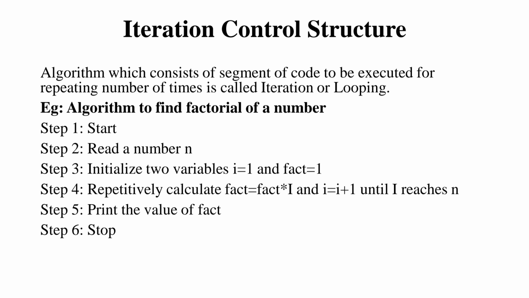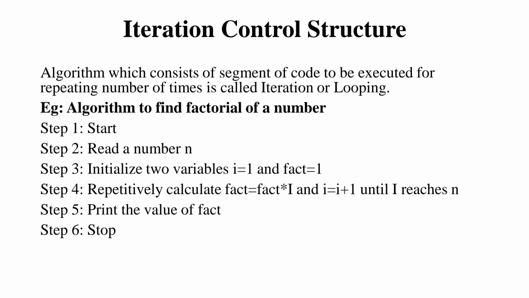So I have started the algorithm, and the second step is to read a number. The third step is to initialize two data: the looping variable I is initialized, and then the variable fact is assigned the value of 1. In the next calculation part, I am calculating the fact value with the I value, that is, the initialized value 1 is multiplied with fact, then the result is stored in fact.